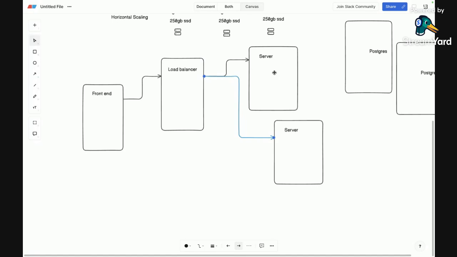Or, for example, if the UID of the user coming from the front end is an odd number, it can go here, and if it's even, it can go here. So the load balancer will check whether the UID number ends in odd or even.